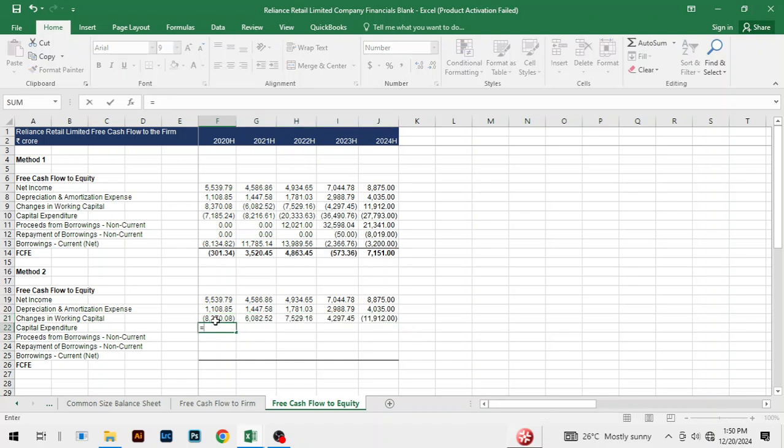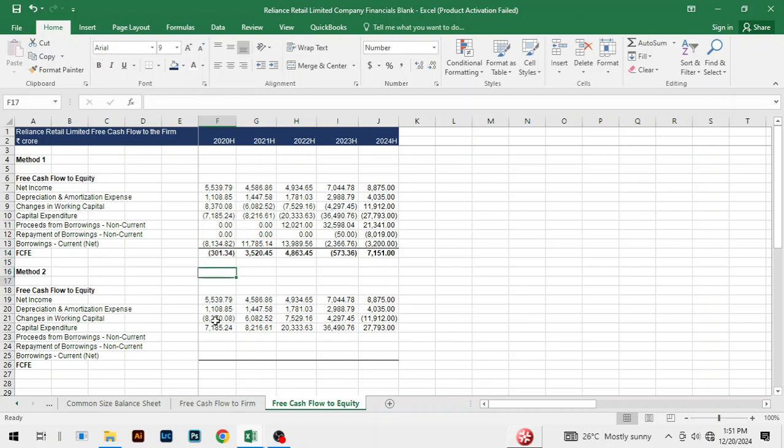The same with capital expenditure, we have to flip these ones as well. Proceeds, I think here we can take as is as well. Okay, that's fine.